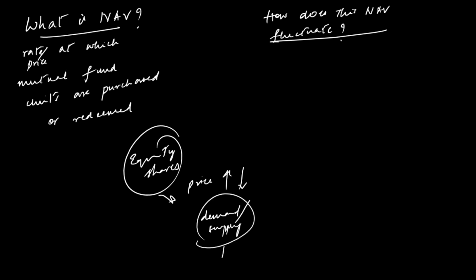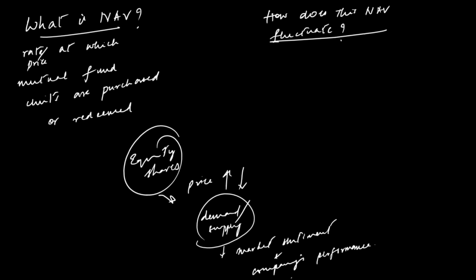Of course, this will be based on market sentiment and company's performance. So, in case of equity shares, the price will fluctuate based on its demand and supply, which is dependent on the market sentiment and company's performance.